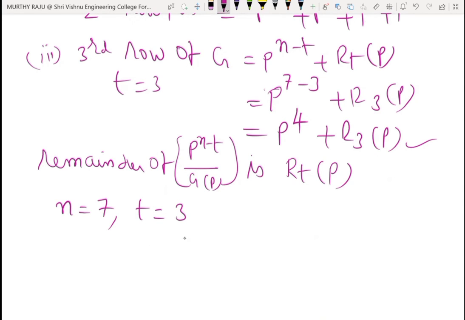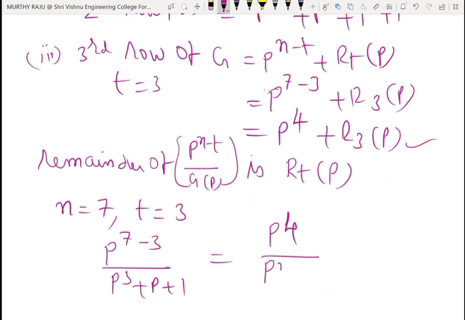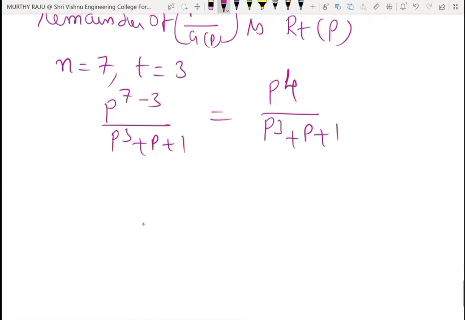Substitute these values: p power 7 minus 3, divided by g of p, which is p cube plus p plus 1. That is p power 4 divided by p cube plus p plus 1.